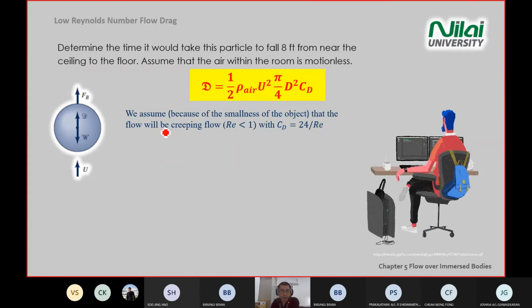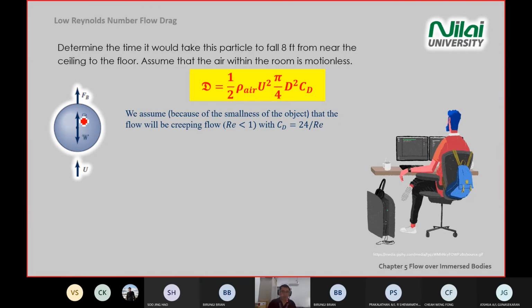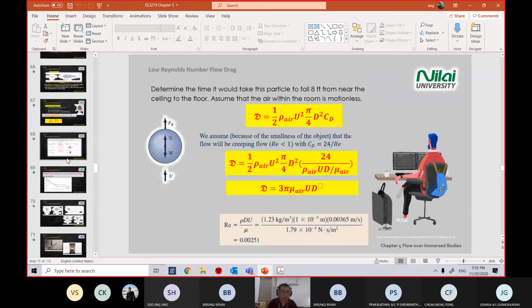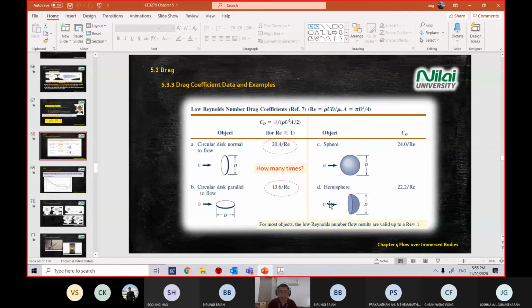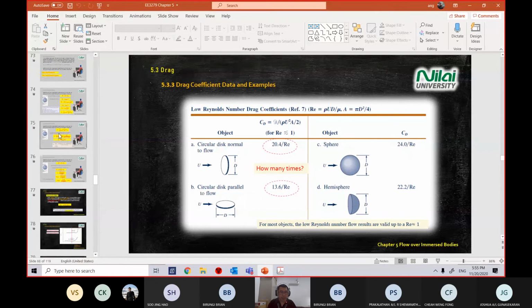If you refer to the table just now, under question 26, I open up the slide. This one. Just now you know that we are looking at a very low Reynolds number, and we have a sphere object. So straight away we can use CD equal to 24.0 divided by Reynolds number. So continue with the calculation.